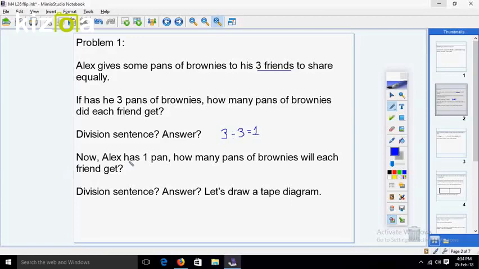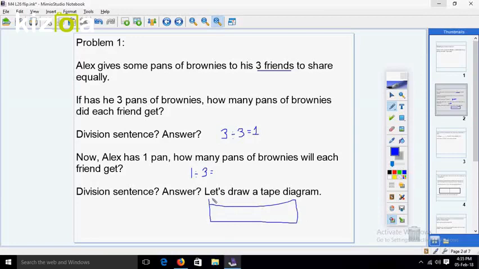Okay, so instead now, he still has 3 friends, but instead of 3 pans, now he only has 1 pan, right? So our division sentence is going to start out with 1 because that's what he has. And then we're going to divide it by 3, okay? So I have 1 pan, 3 friends. Let me make a model real quick, tape diagram.